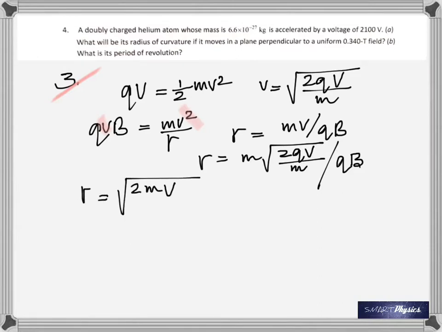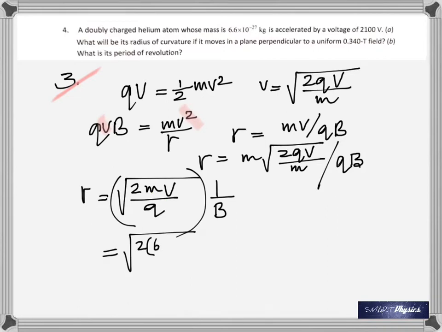Therefore, now I can, there is a mass outside and there's mass under the square root, and that simplifies to a mass there under the square root in the numerator. Just take a careful look at it and then substitute the numbers to get the answer.